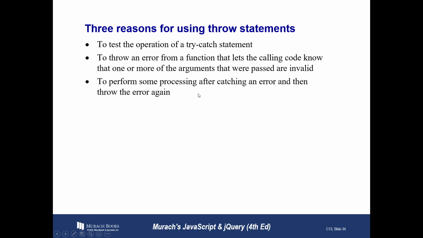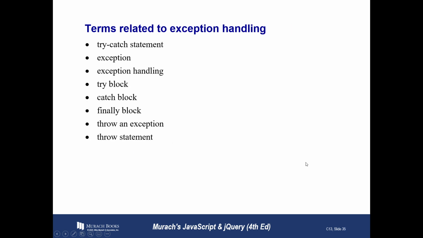To perform some processing after catching an error and then throw the error again. Basically, you would catch an error, you do some handling, and then you would throw it again so that someone else can also catch it and handle it as well. So these are the three reasons mentioned in the book about why we need to use the try catch. And these are the terms that we have seen right now.